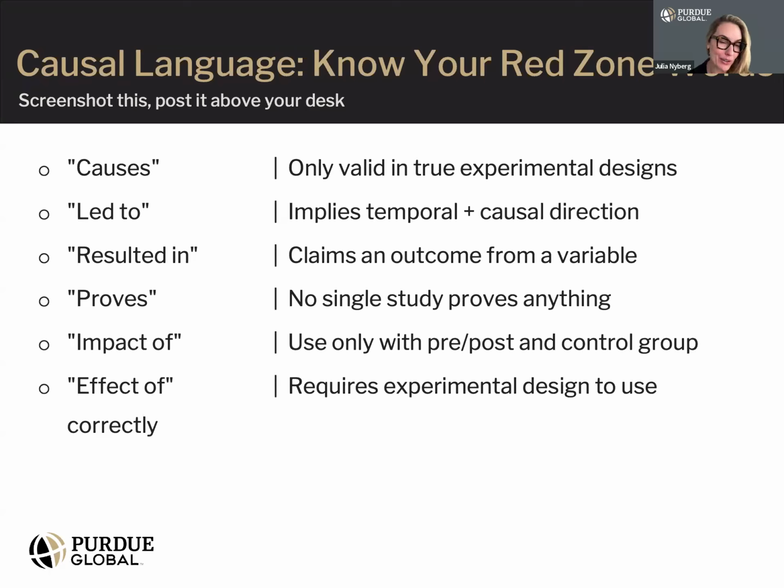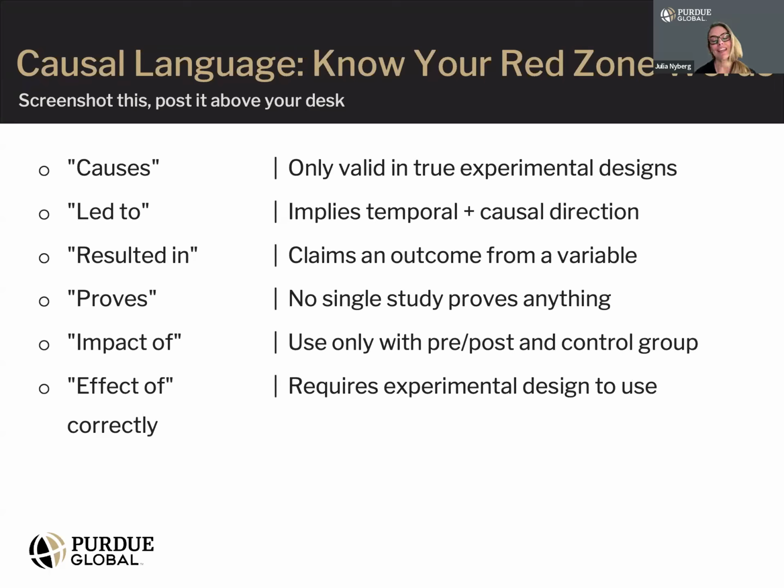If I were you, I would do a find in your applied research project, and I would examine instances in which you are using these words. The word causes only belongs in experimental research.